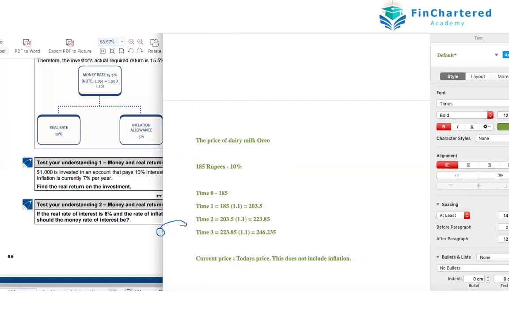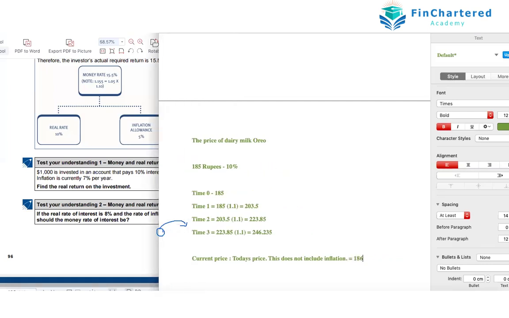As per this example, the current price is 185 rupees. The other thing you need to know is the nominal price. This price includes expected inflation. So the nominal price of a Dairy Milk after 2 years is 223.85.